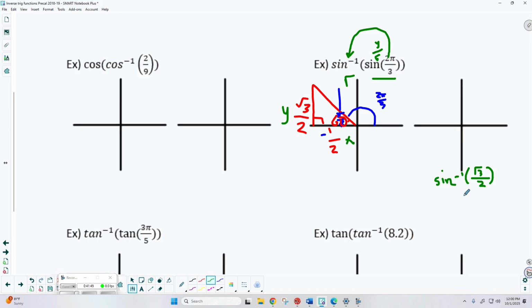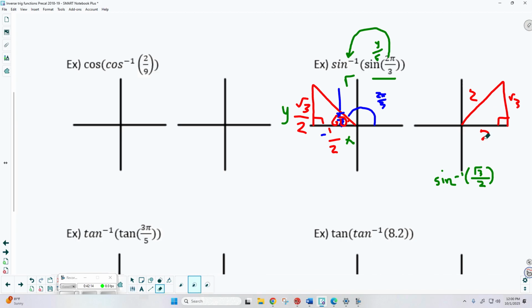Okay? 1 or 4? 1, okay. So we're going to draw a triangle. Okay, so that'd be square root of 3 and 2.